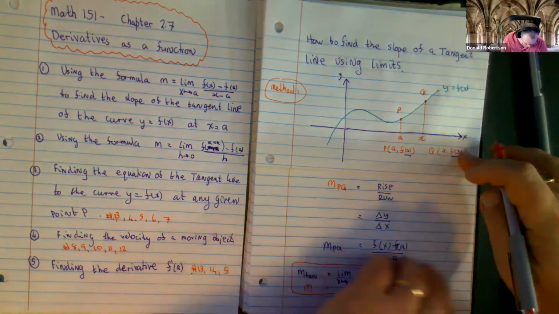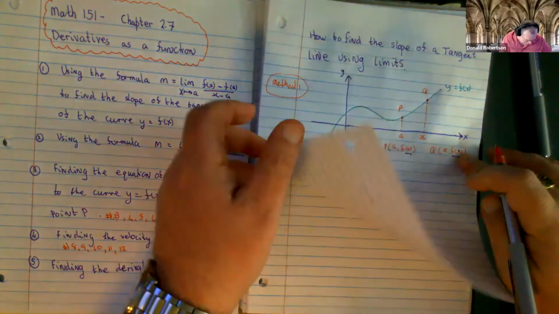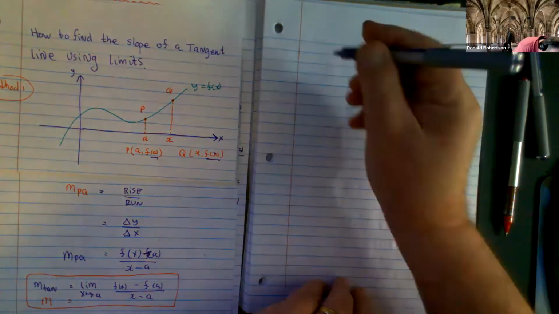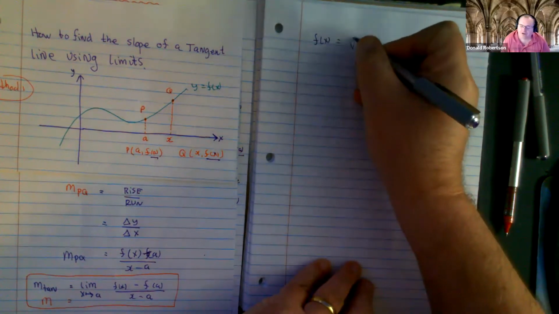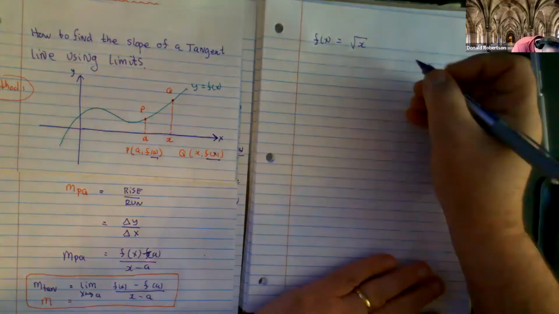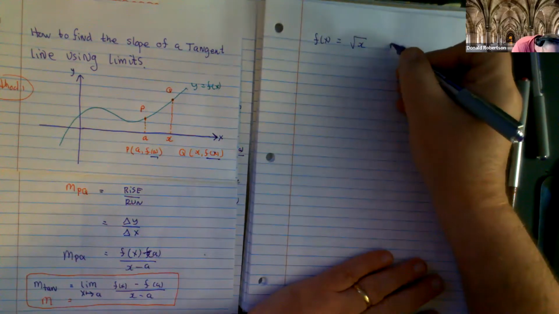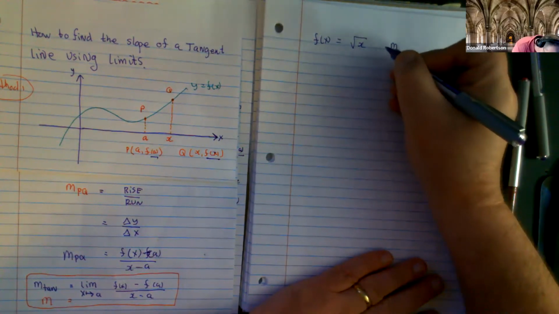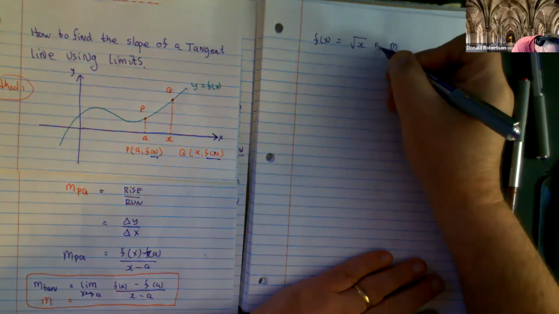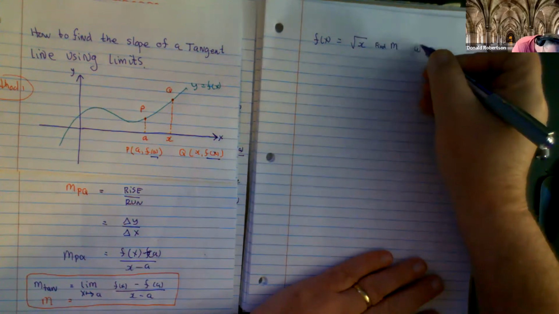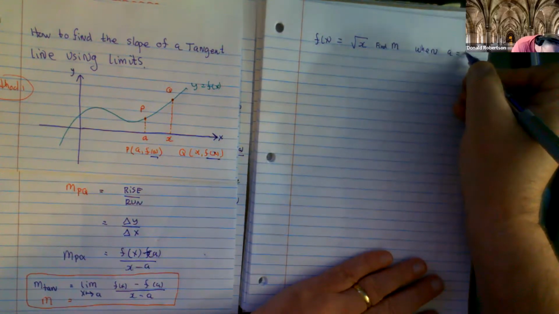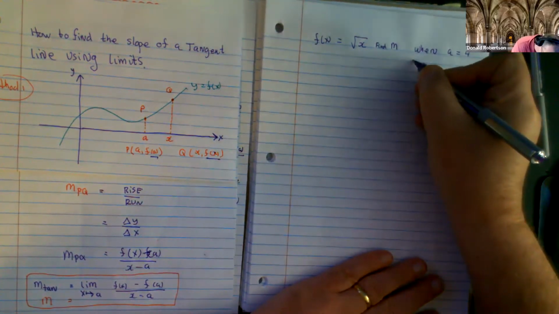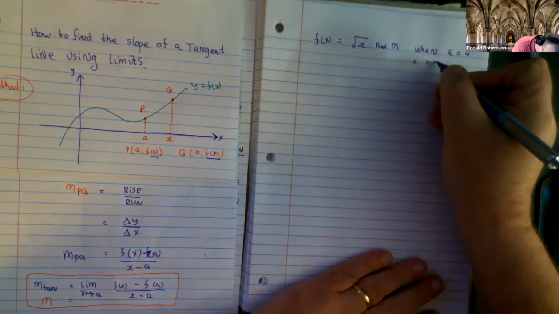Well, let's see how that works in practice. Suppose I have a function, the square root of x, and I would like to know the slope of the tangent line when a is 4. In other words, when the x coordinate is 4.